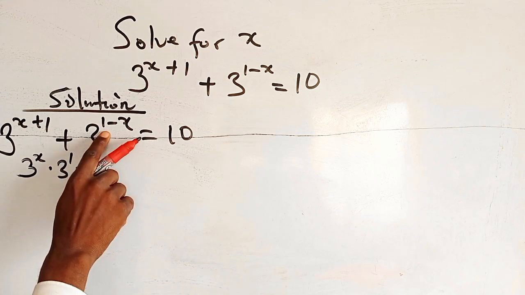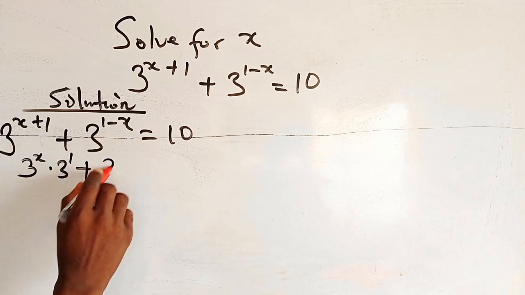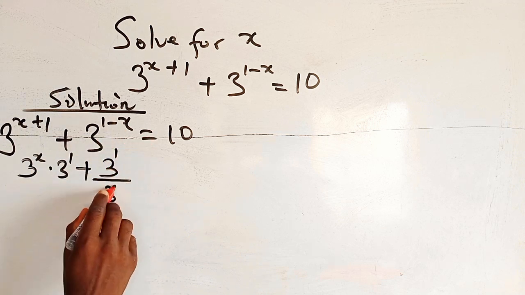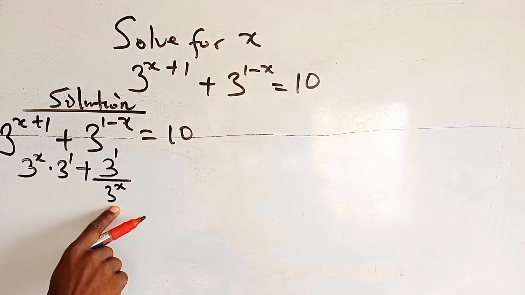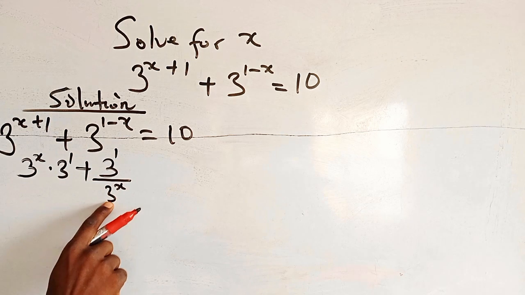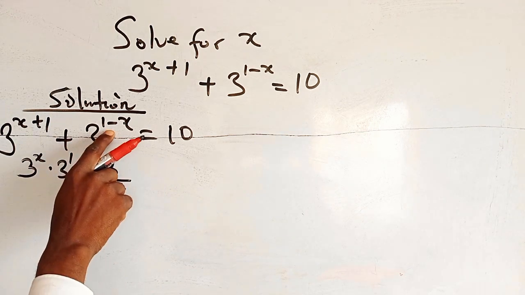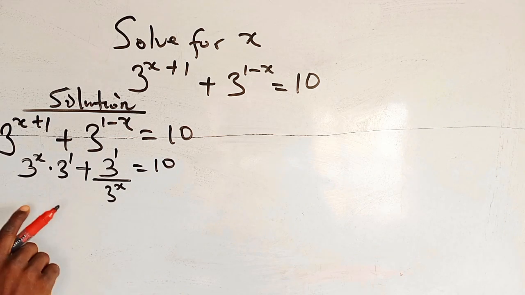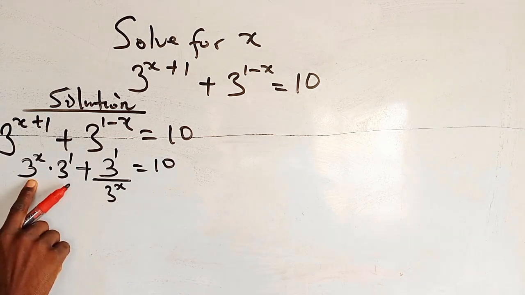For 3 raised to the power 1 minus x, you can write this as 3 raised to the power 1 divided by 3 raised to the power x. Law of indices: with the same base, you subtract the exponents. So equals 10.